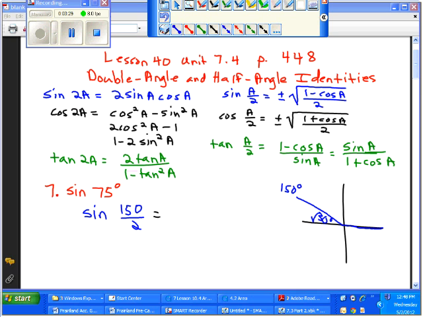Now, at the top we have the double angle identity. Sine of 2 times some angle is 2 sine A cosine A. The cosine of 2 times some angle, you have 3 options: cosine squared A minus sine squared A, 2 cosine squared A minus 1, or 1 minus 2 sine squared A. And this is where we're actually going to use our sheet and look back and forth.